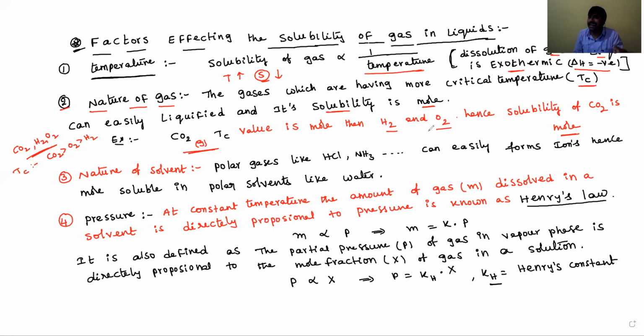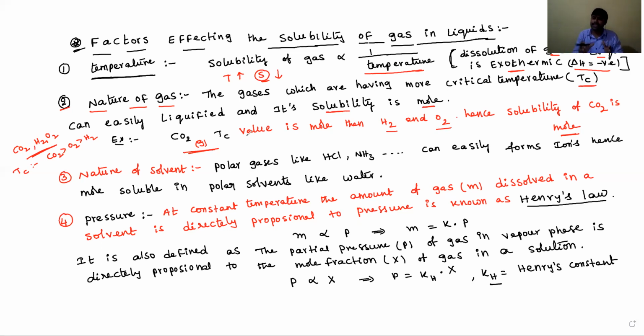Here, in gas in liquids, the gases are solutes and the liquid is the solvent. So the solubility of gas in liquids depends on the nature of gas. The gases which have higher critical temperature values are more soluble in solvents when compared to other gases. For example, carbon dioxide, hydrogen and oxygen: in that, carbon dioxide's critical temperature value is more.